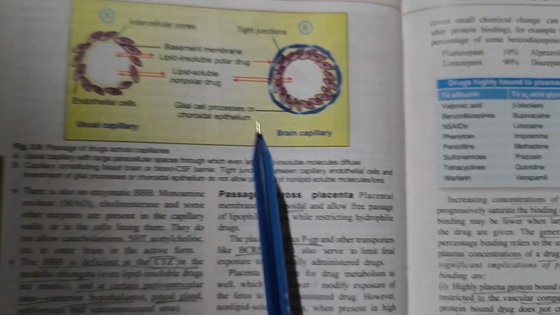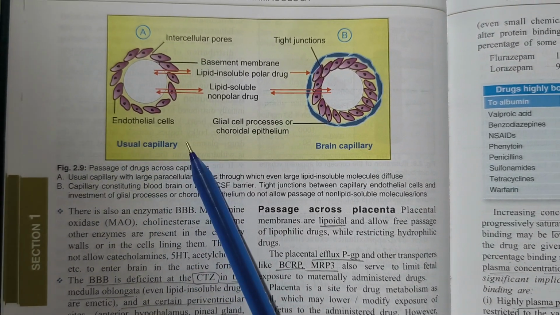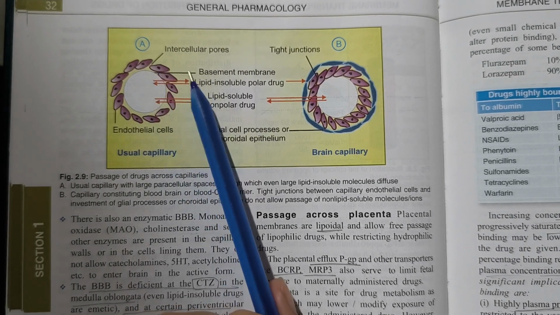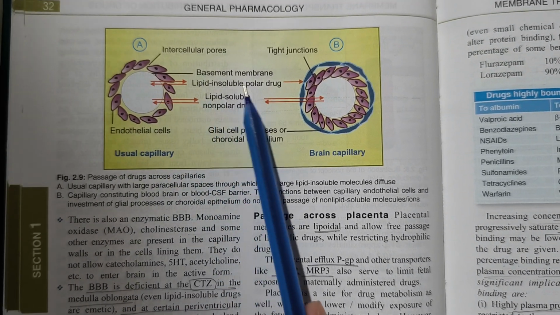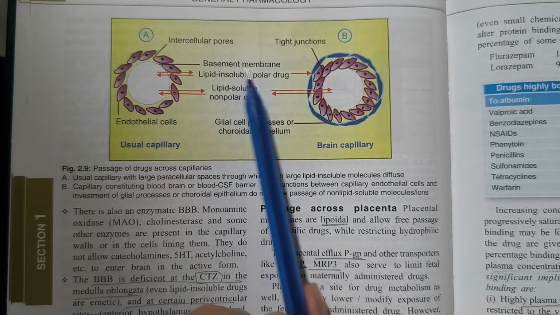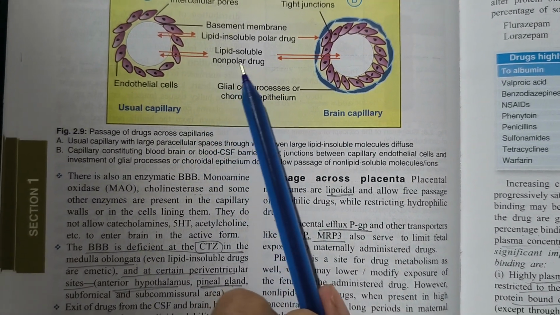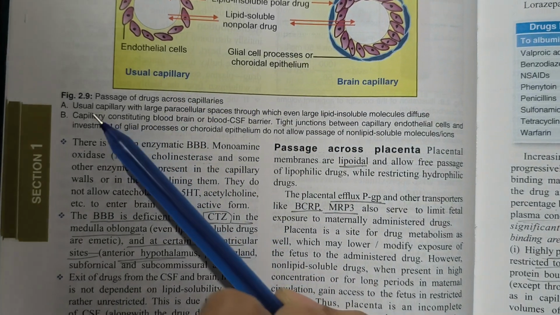This is the brain capillary versus this is the usual capillary, which has intracellular pores, basement membrane. Here the lipid insoluble polar drug can penetrate along with lipid soluble non-polar drugs.